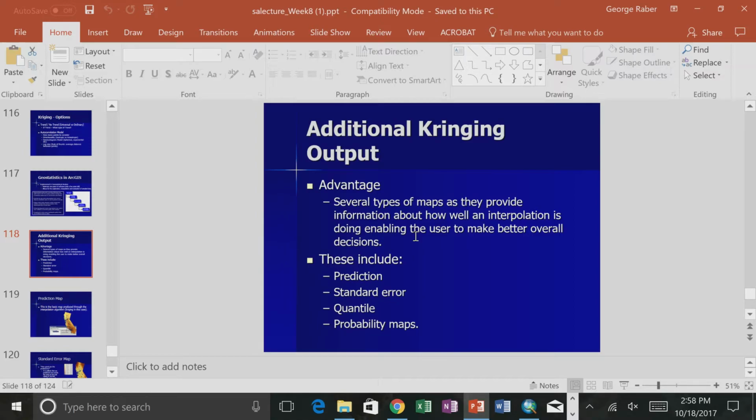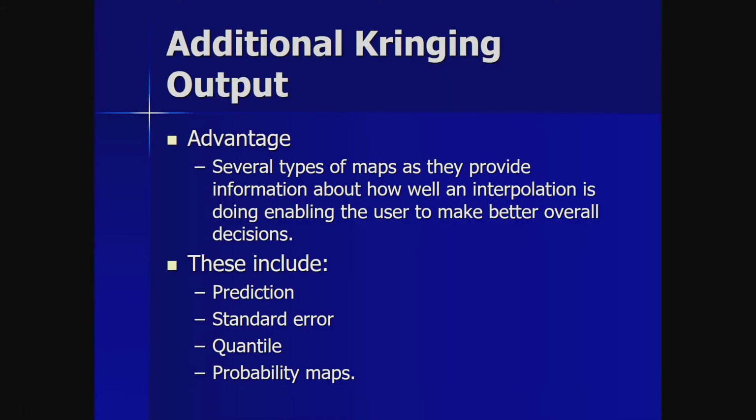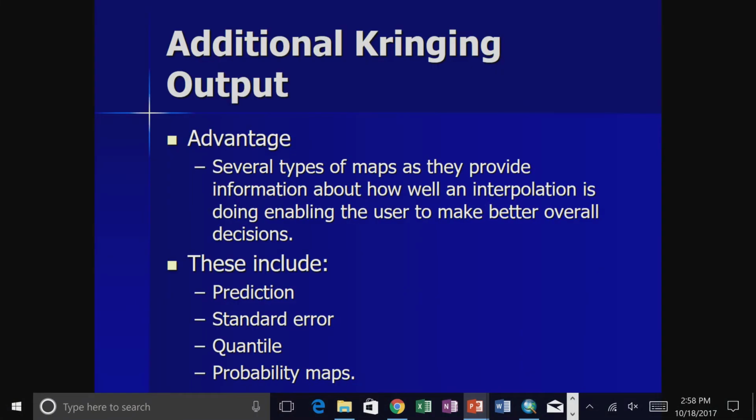Probability maps are basically that's probability kriging. That's how it's done. All right. So the last few slides here are just some examples, and you're going to be doing some of this in the lab here.